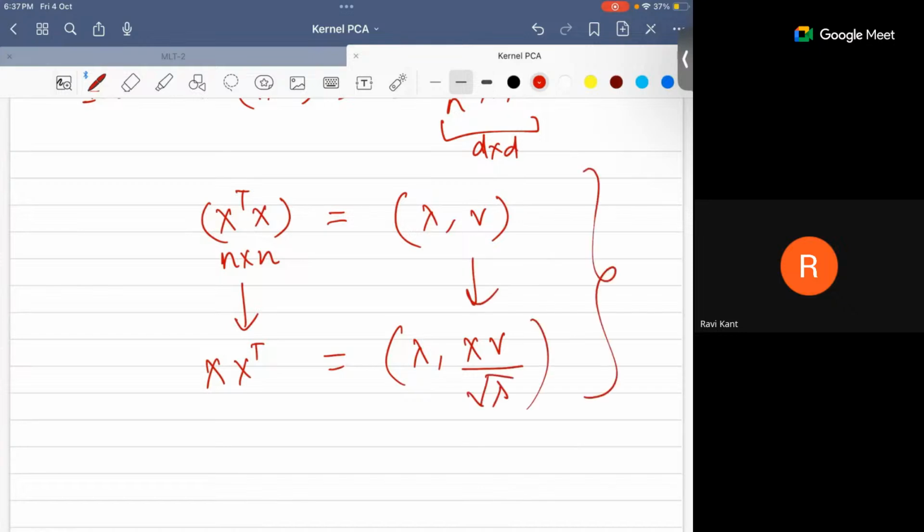Is this clear to everyone? The first issue was that the dimension was very high compared to the number of observations or data points. We have to calculate the eigenvector corresponding to the maximum eigenvalue of the covariance matrix, so we took the help of X transpose X. Is it clear to everyone?